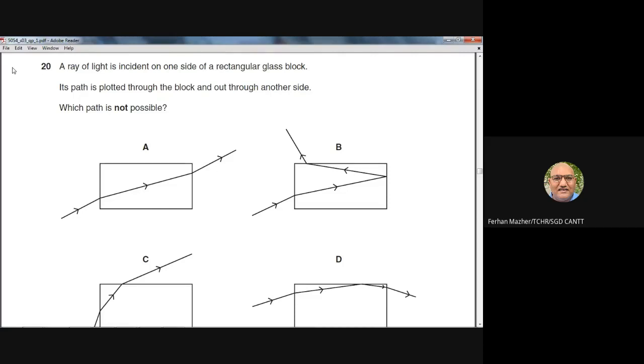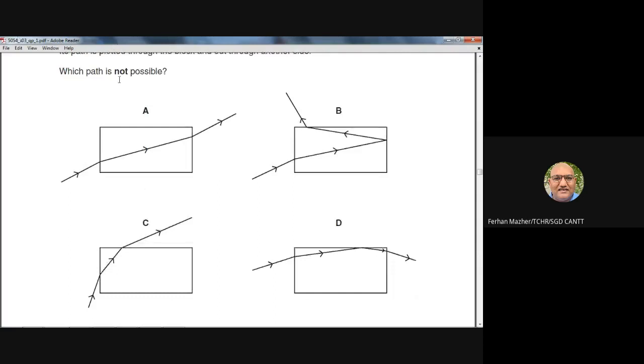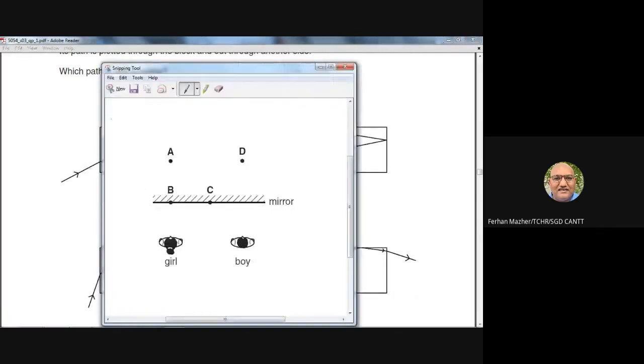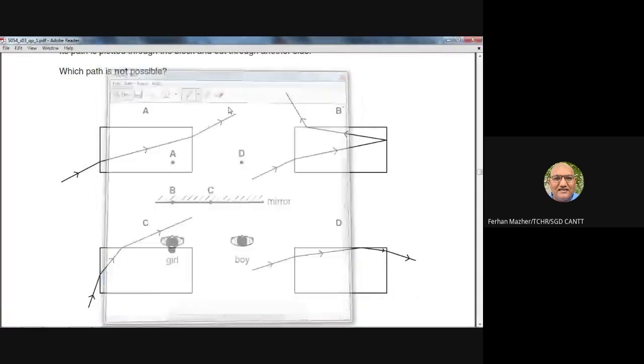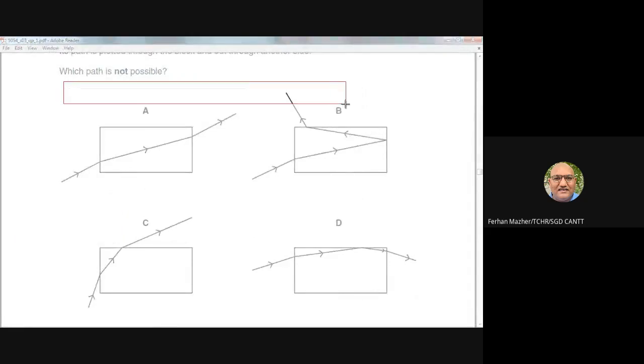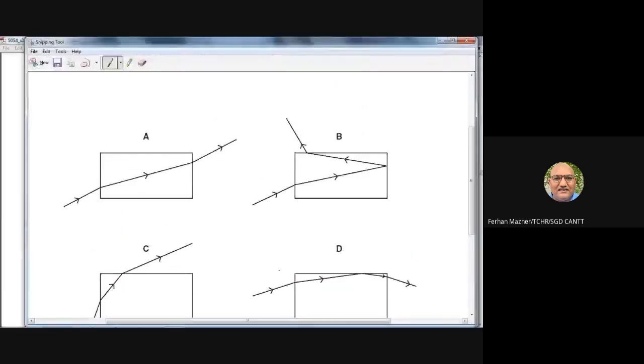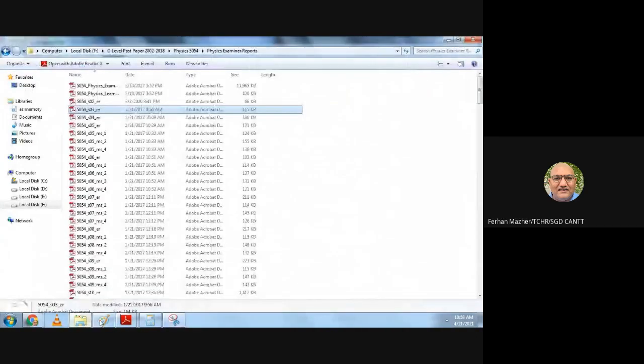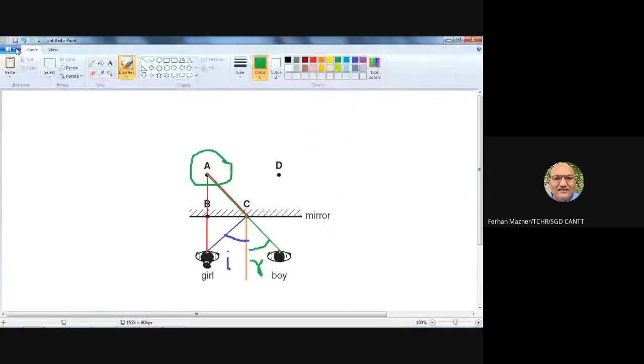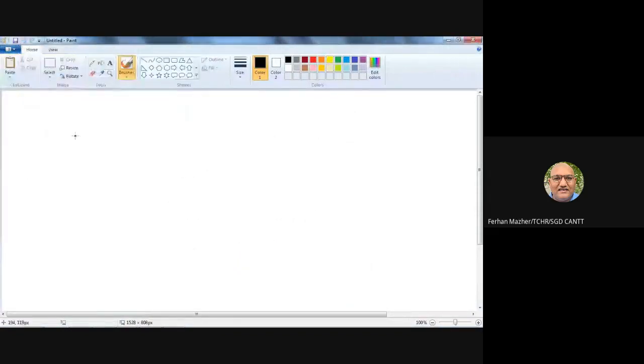So I have to take this whole thing and show you exactly why something is rejected, why some things are possible and some things are not possible. So let me take this to Paint. Okay, so bear with me.